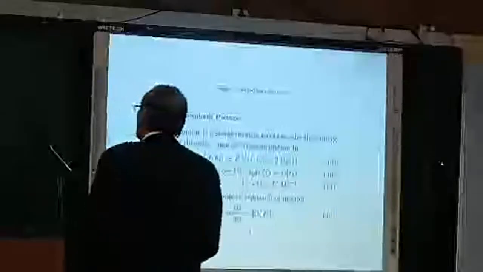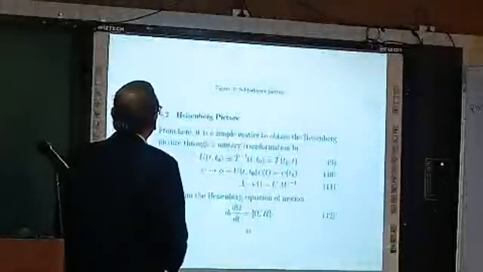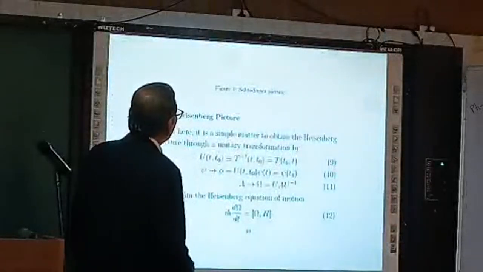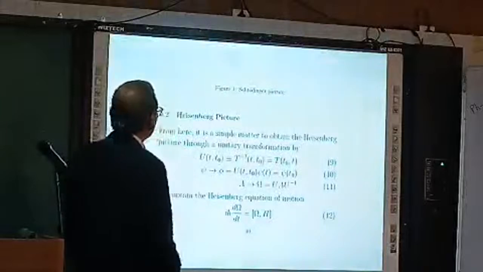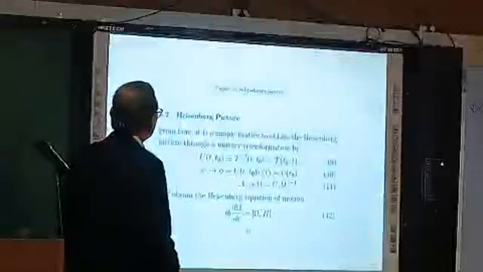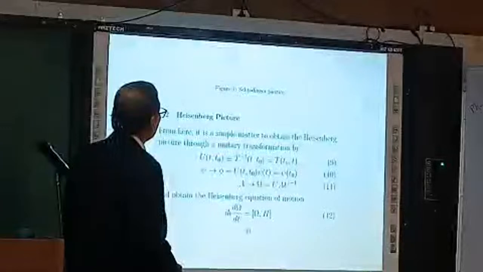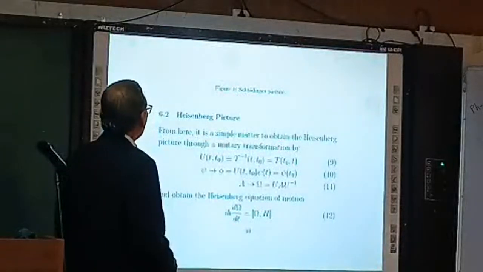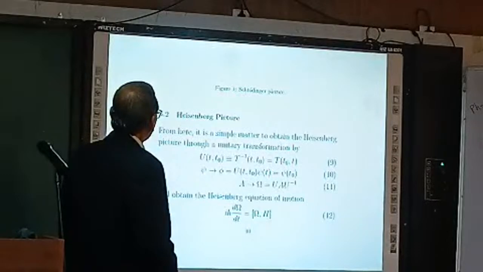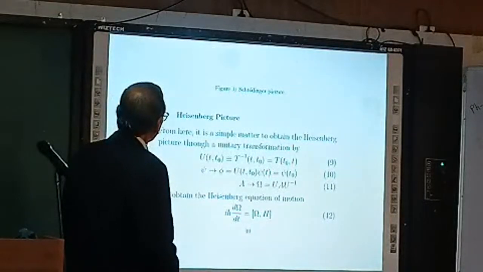Then comes the Heisenberg picture. From the Schrodinger picture, we obtain the Heisenberg picture through a unitary transformation by the unitary operator U(t,t0), which is nothing but the inverse of T, which is also equal to T(t0,t). Then the state vector psi is transformed to psi(t0).